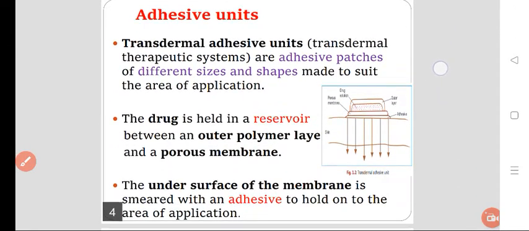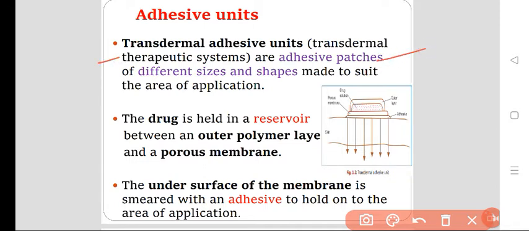Now this adhesive unit that we have just discussed, we call the transdermal adhesive unit or transdermal therapeutic system. They are nothing but adhesive patches of different sizes and shapes according to the need, made suitable according to the area of application. Now the drug is held in a reservoir between the outer polymer layer and a porous membrane, as you can see in the small diagram.